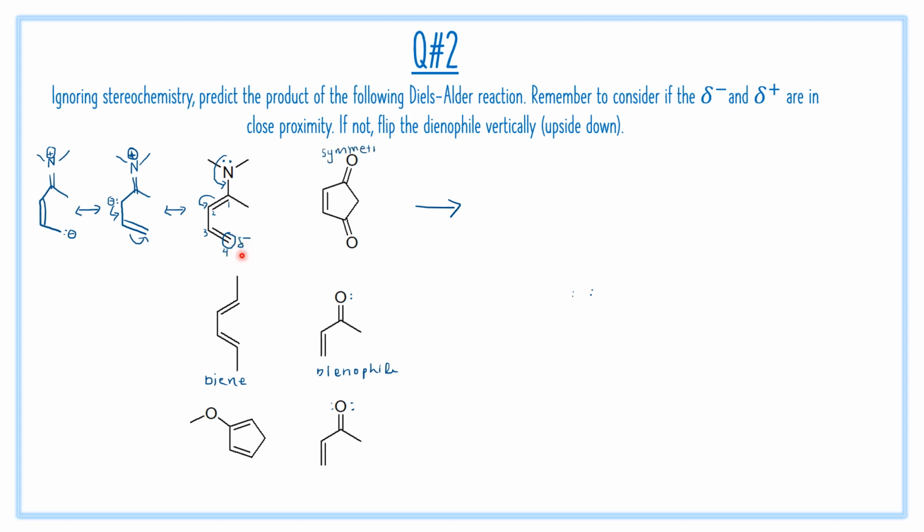Now on to our dienophile. Notice that it's symmetrical. Draw a line down here. And you'll notice that whether you use this carbon or this carbon, it's going to make no difference. As a result, the product is this one you see over here.